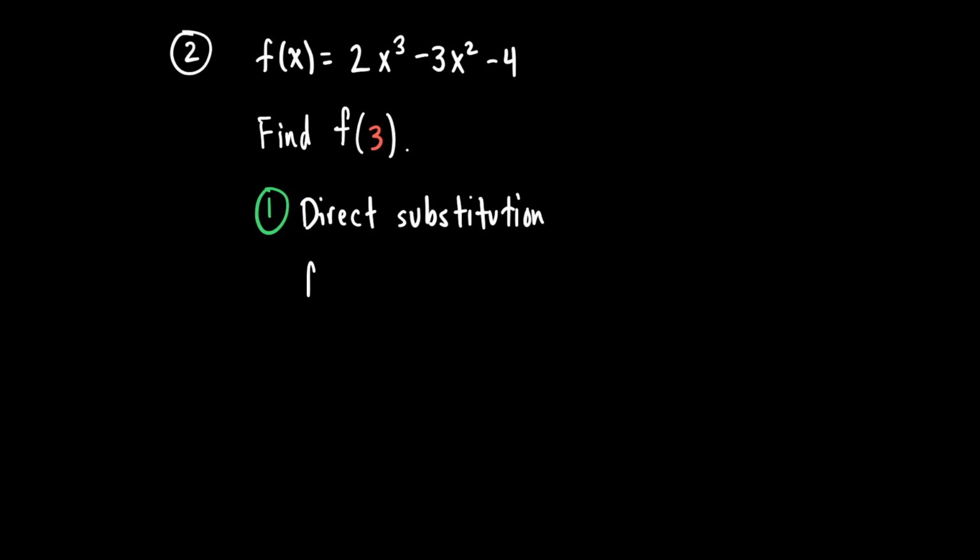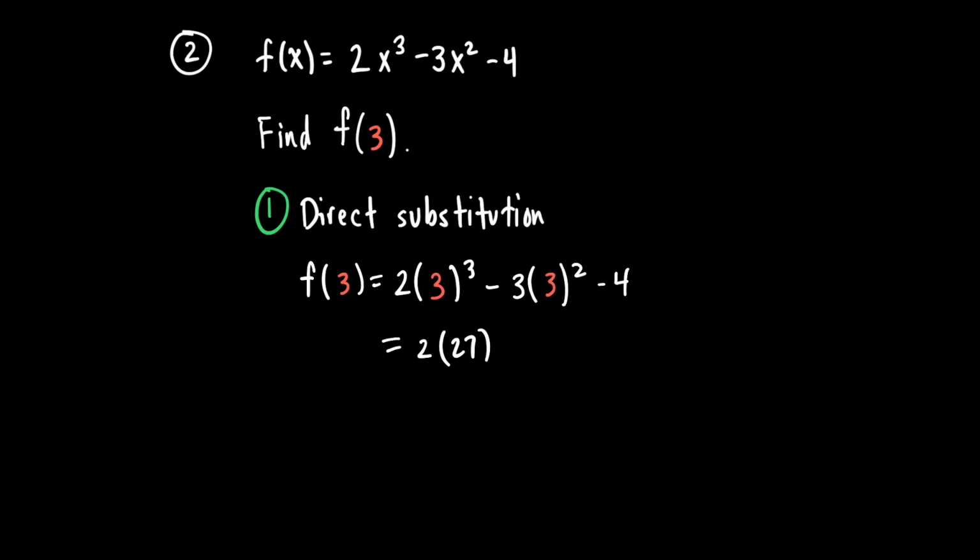Okay, so f of 3 is simply 2 times 3 cubed minus 3 times 3 squared minus 4. So that's going to be 2 times 27 minus 3 times 9 minus 4.